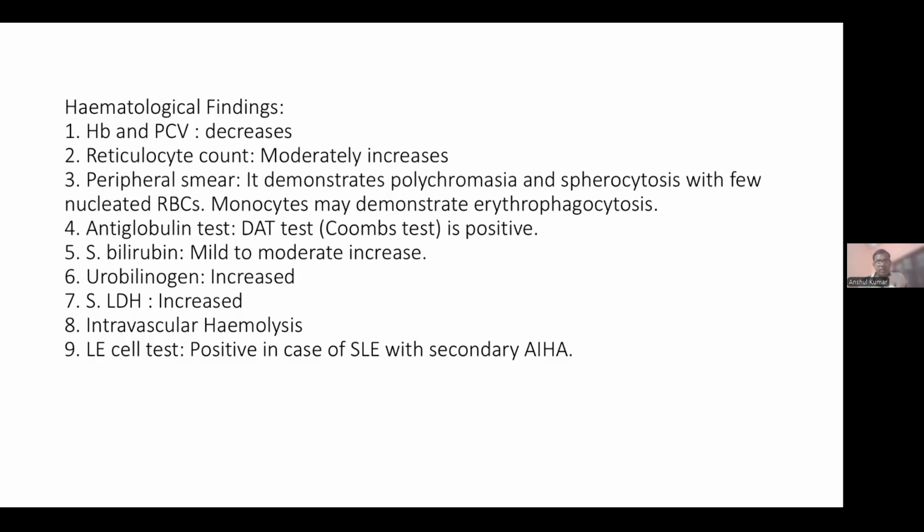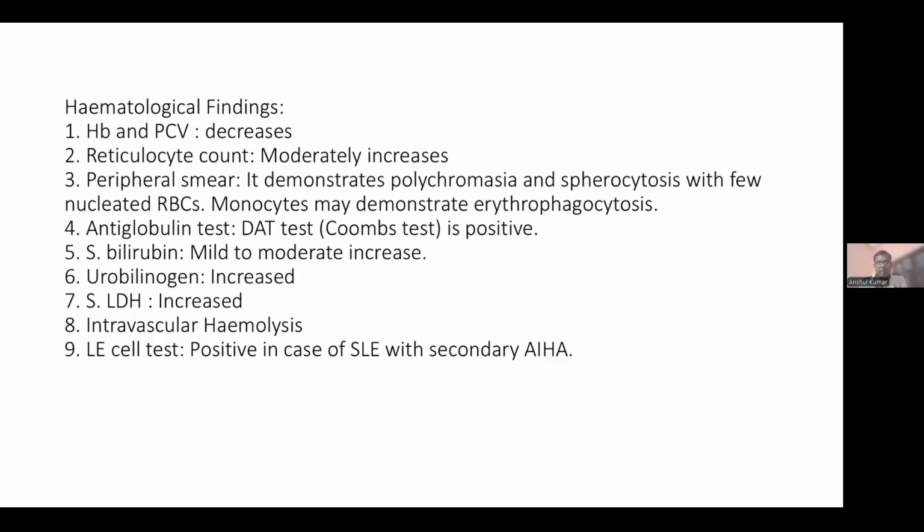Monocytes may demonstrate erythrophagocytosis. Now, the anti-globulin test, which is also called the Coombs test. The direct anti-globulin test, the DAT, is positive in 90 to 95% of cases here, indicating the presence of IgG or C3 or IgG plus C3 on the red blood cell surface.